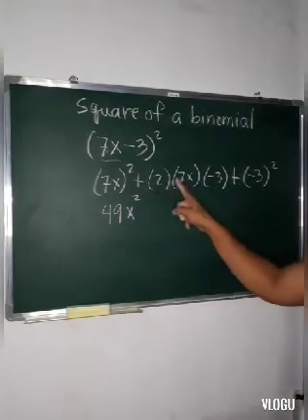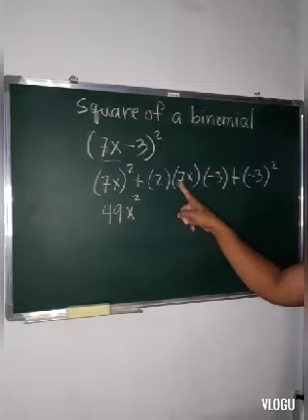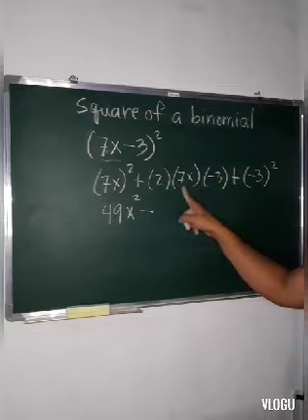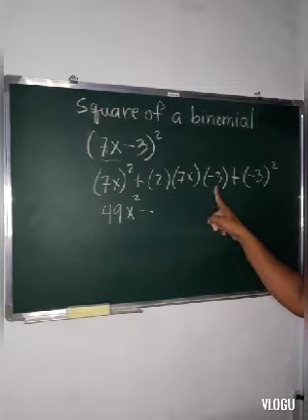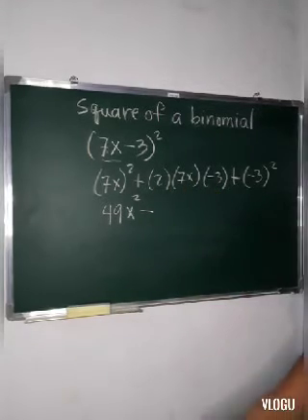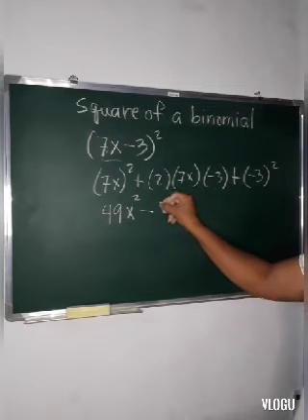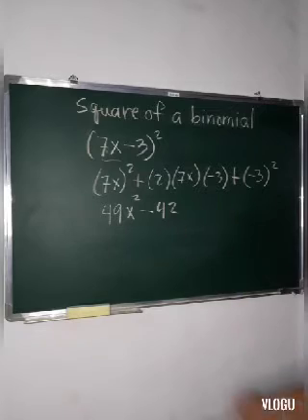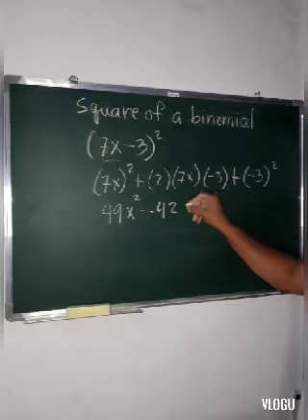Next, positive times positive, positive. Positive times negative is negative. 7 times 3, we have 21. 21 times 2, we have 42. Okay, correct. 7 times 3 is 21, times 2 is 42, correct. And then copy x.